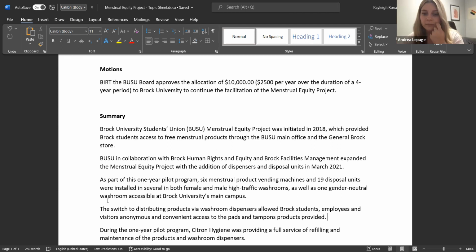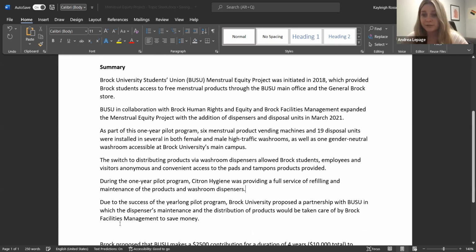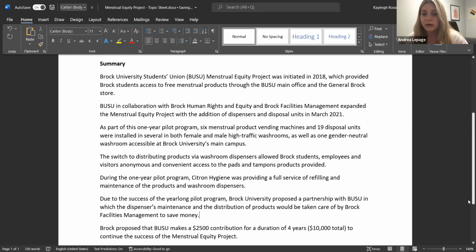You may have noticed them. We have them in our gender neutral bathrooms. We have them in both female and male bathrooms as well, specifically our higher traffic washrooms. Since then, we have done a number of different testing with the distributor. We were using Citron Hygiene before we switched to Brock.